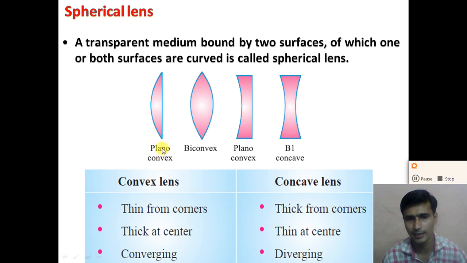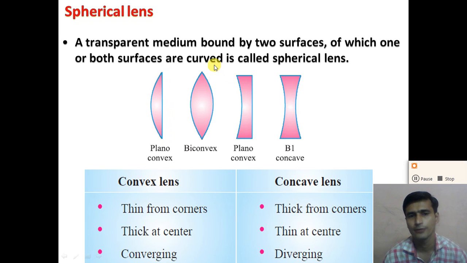So if one surface is curved outward and the other surface is a plane, it is called a plano-convex lens. Here the transparent medium has one surface curved outward and the other a plane.